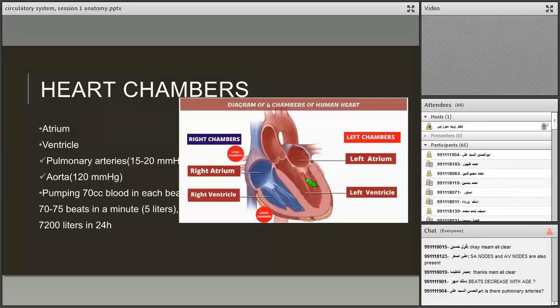The atriums are receiving the blood and the ventricles are pumping the blood. Both ventricles pump together, the right ventricle pumping the blood into the pulmonary arteries and the left ventricle pumping the blood into the aorta. And they have different pressures.